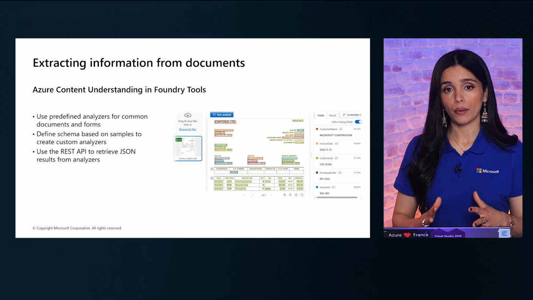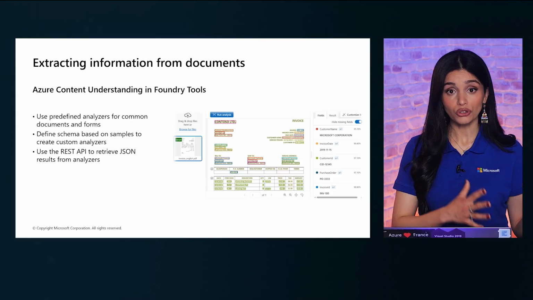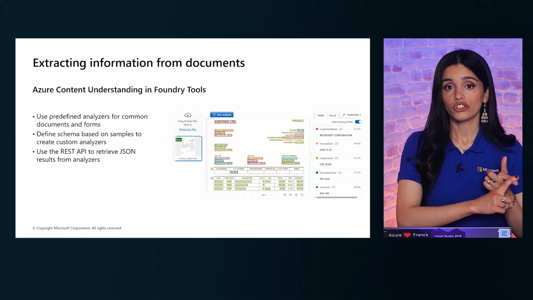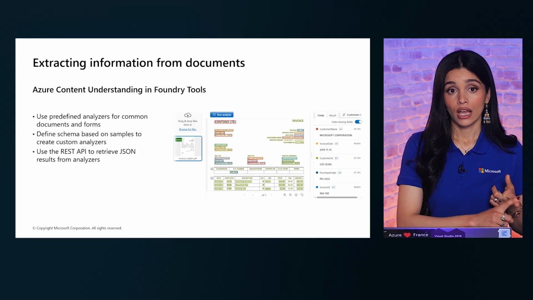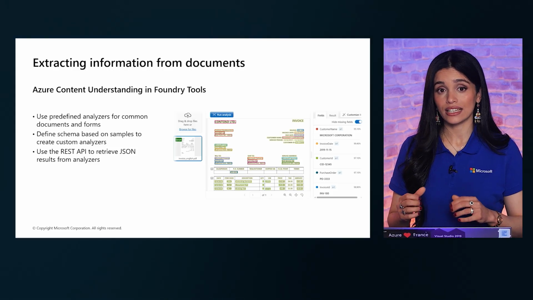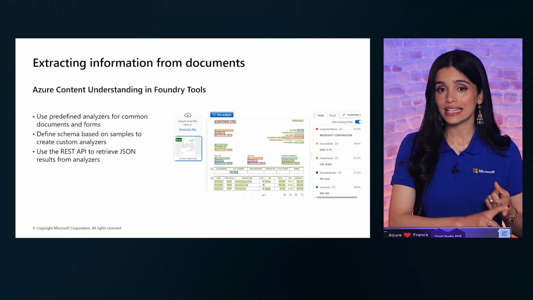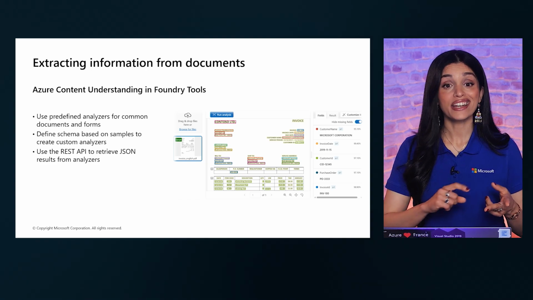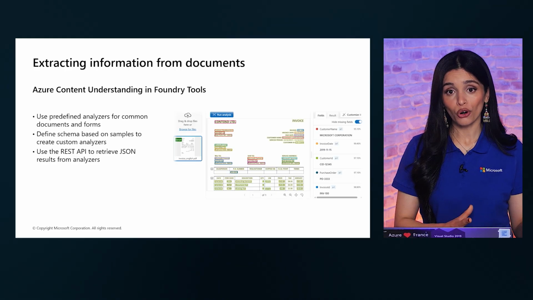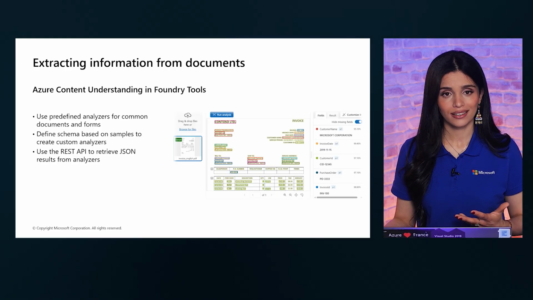No matter which approach you choose, the output is always the same idea: structured JSON data. And why does JSON matter? Because JSON is easy to store, easy to send to APIs, and easy to integrate with applications. It's already in the format your system expects.